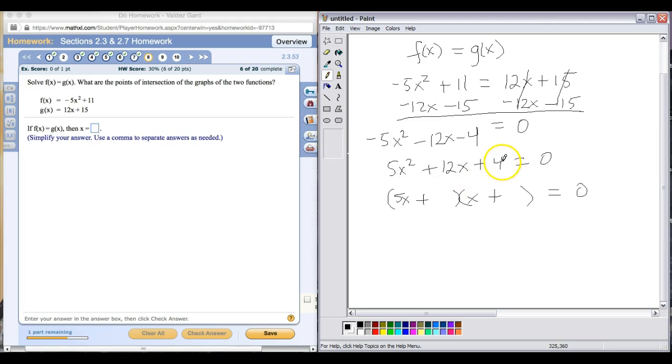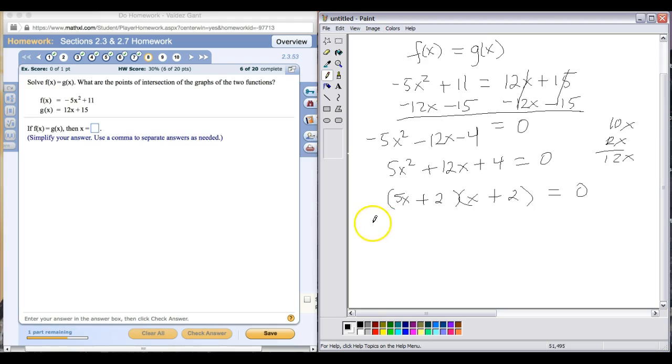And of course, if we put a 2 and a 2 there, because 2 times 2 is 4, then 5x times 2 gives us 10x, and 2 times x is 2x. If we add both of those together, 10x and 2x, we get a positive 12x, which is what we need.